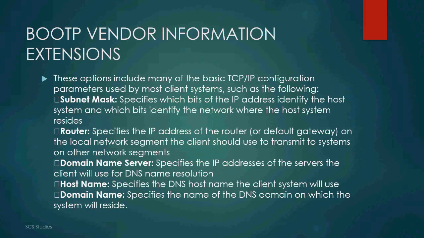Domain name specifies the domain name of the DNS domain in which the system will reside. So whenever you are in a domain network, you should specify the domain name on the DHCP scope to help the client identify which domain it belongs to.